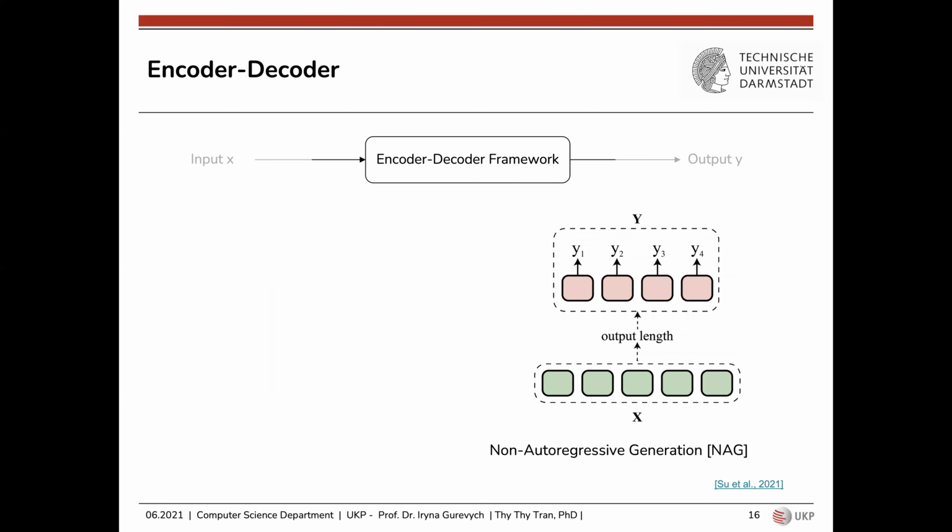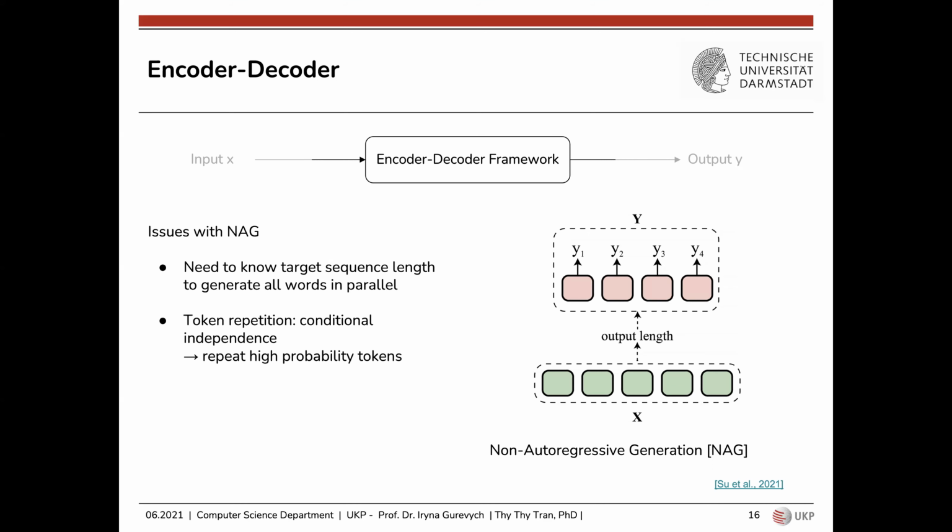Non-autoregressive generation is proposed to address this. In non-autoregressive generation approaches, we first predict the output length and then generate all the target tokens according to the predicted length. The constraint on the output length is the main issue in such generation approach.